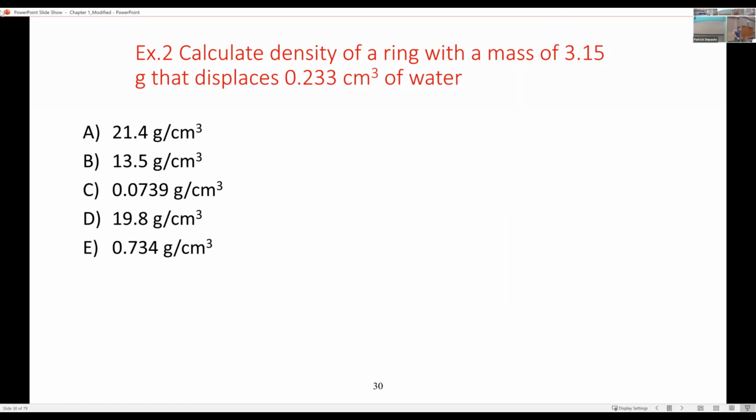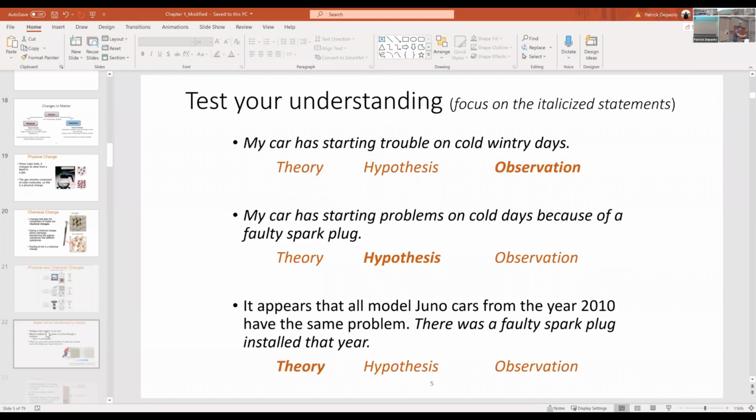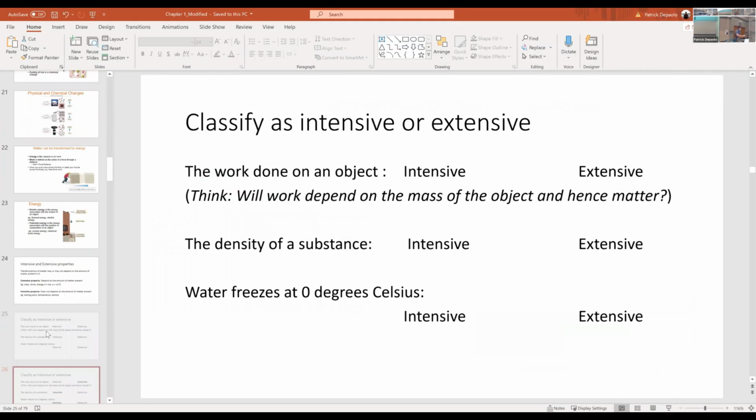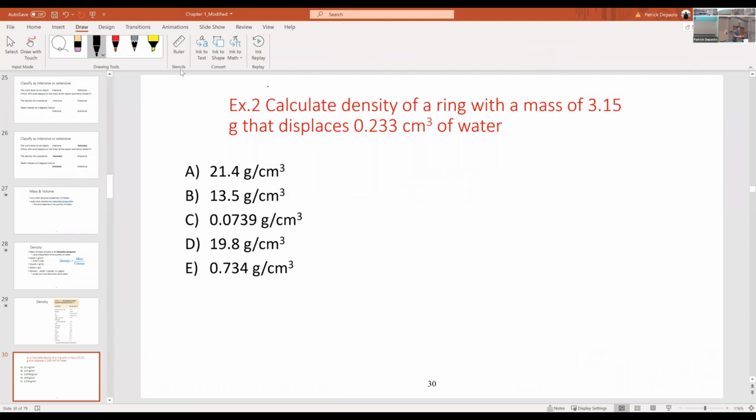Okay, density. An example: calculate the density of a ring with a mass of 3.15 grams. It displaces 0.233 centimeters cubed of water. In other words, centimeters cubed is the same as milliliters.